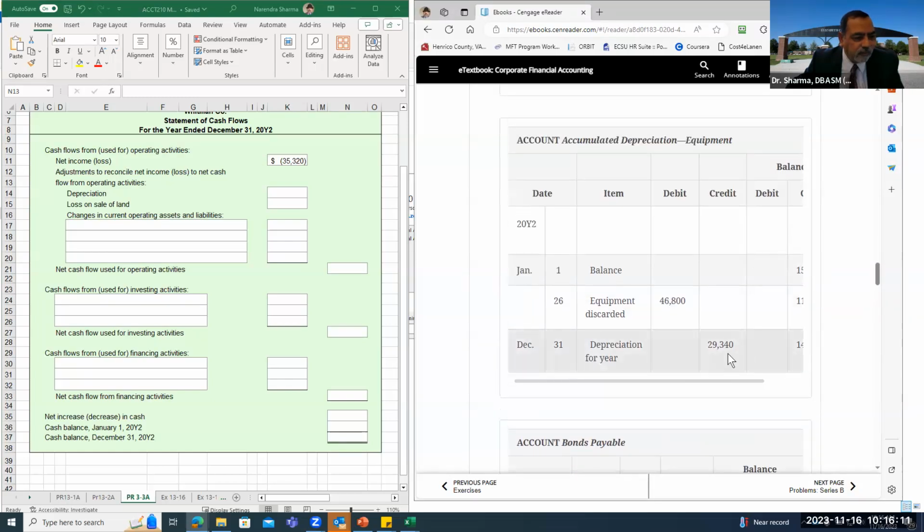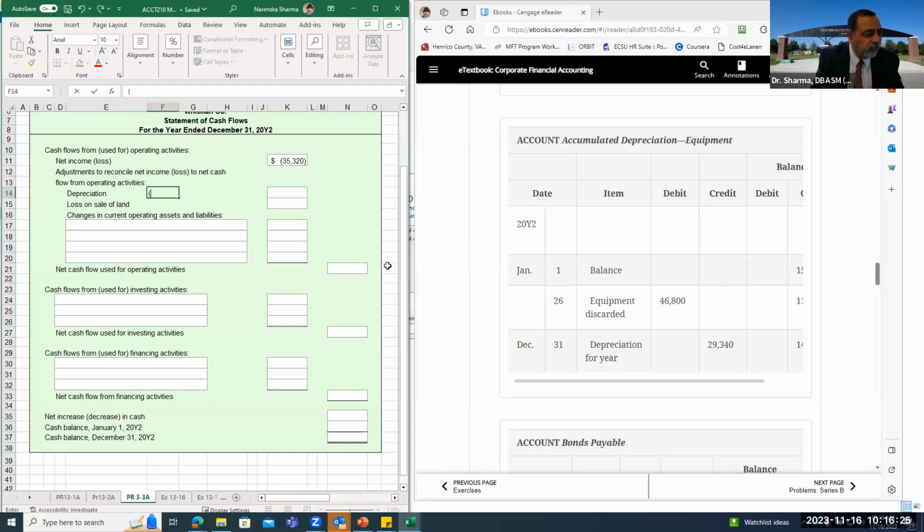There is one depreciation, that is depreciation for the year 29,340. So out here, I'm going to just use this area here, that is 29,340 is one depreciation, that is for equipment.